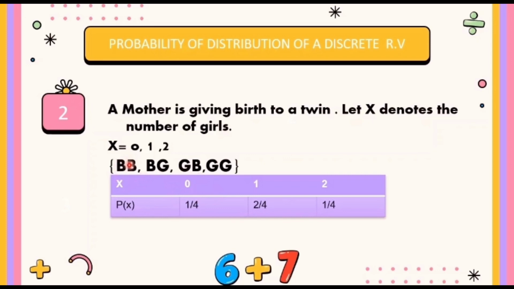As you can see, there is 1, which is the boy-boy, so that will be 1. And the denominator right here is what we call the total of the outcomes.